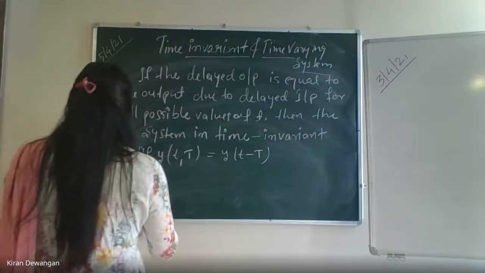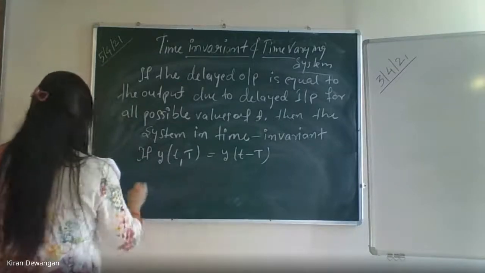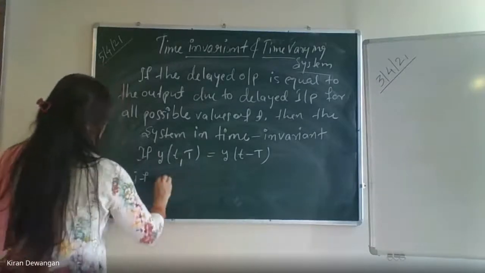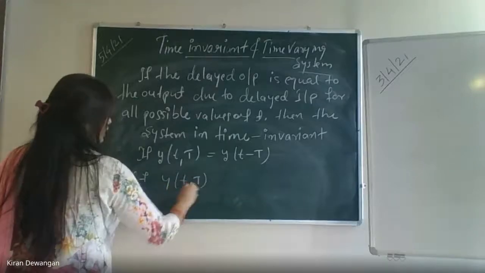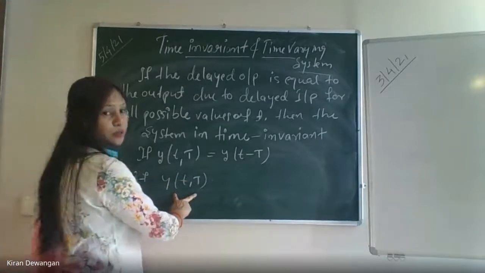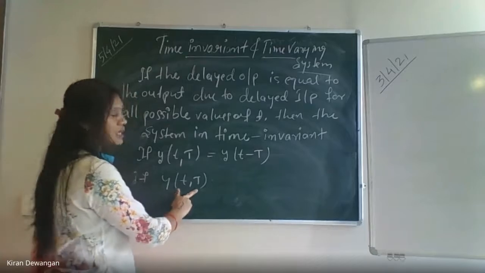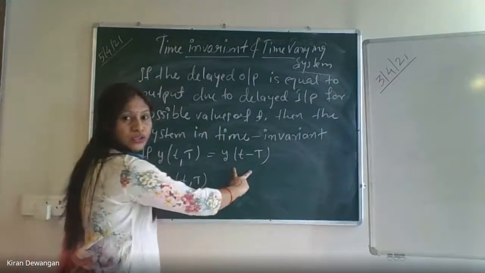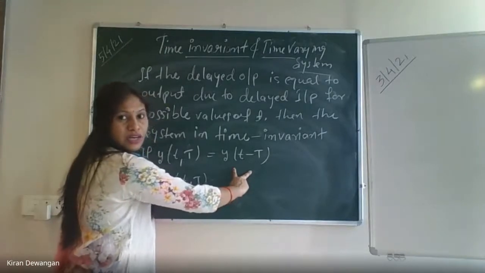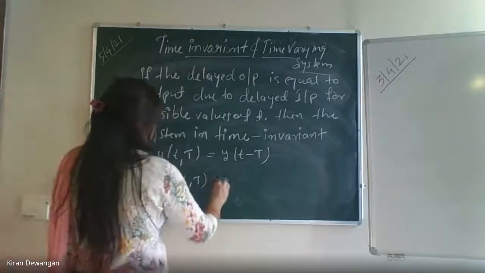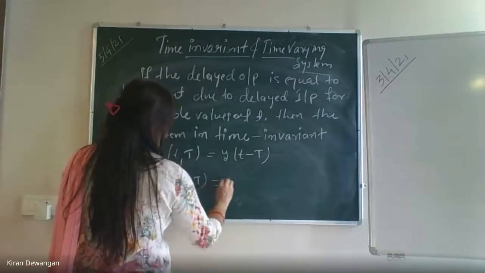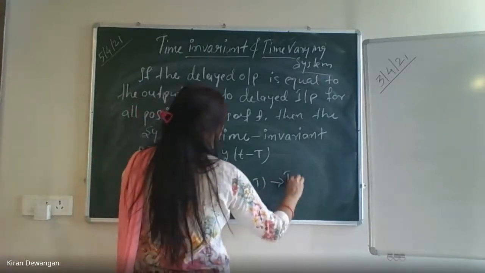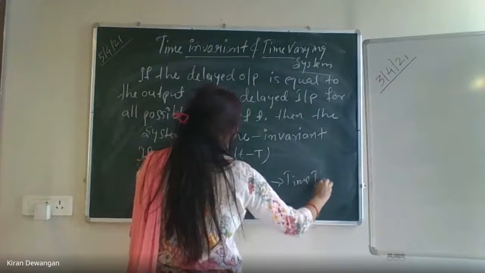And if these two are same, the output that we are getting due to shifted input and the output due to the shift in the output itself, when these two are same, then the system is time invariant.